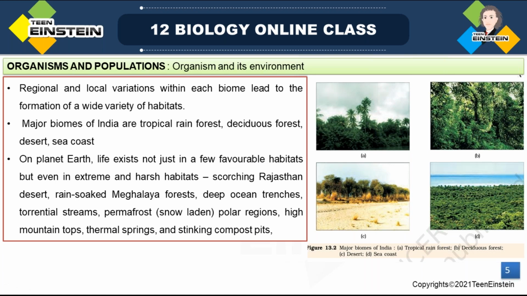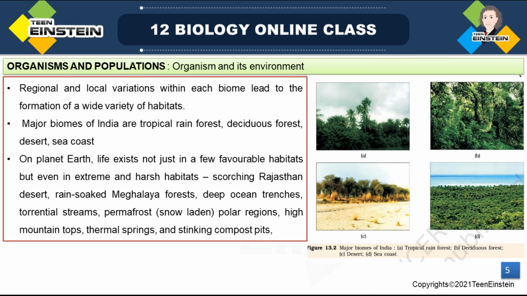So the formation of a wide variety of habitats has been led by the regional and local variations within each biome. Within each biome, due to local variations, you can see a variety of habitats.